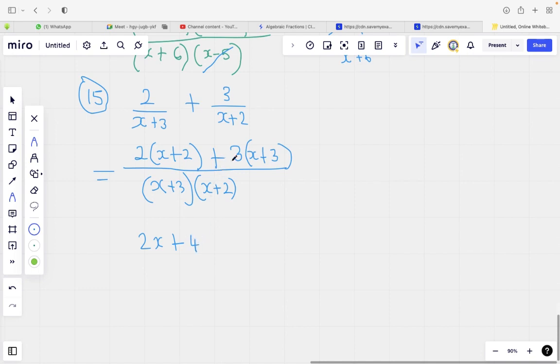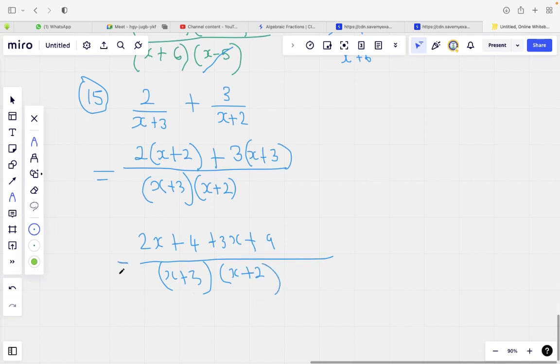Then 3 multiplied by x, we get plus 3x. And plus 3 multiplied by plus 3, we get plus 9. So this is our numerator. Our denominator remains the same: x plus 3 in one bracket and x plus 2 in another bracket.